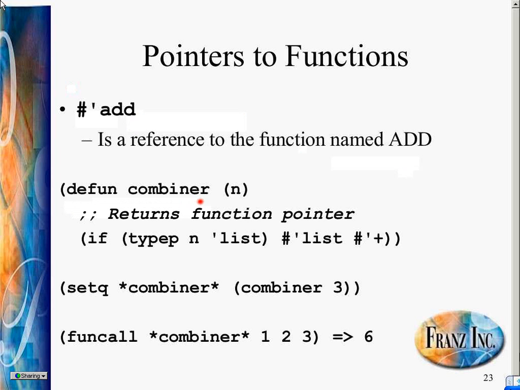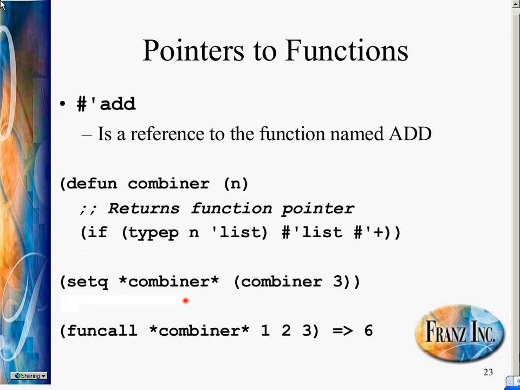So here we have a function called combiner, and it takes an argument, and then it returns a function pointer. If the argument is a list, it returns the pointer to the function list. Otherwise, it returns a pointer to the function plus. So we set the global variable combiner to the value returned by this combiner function applied to the integer 3.